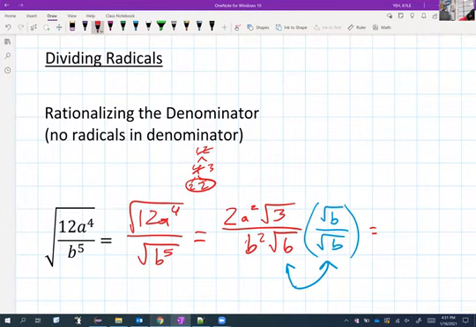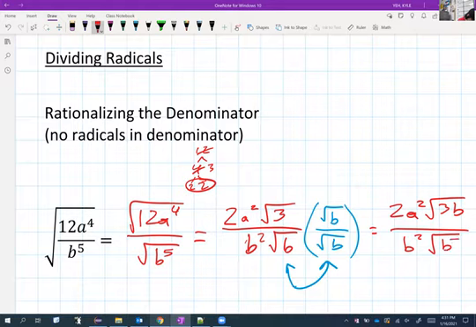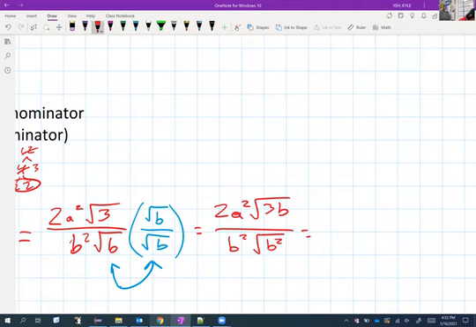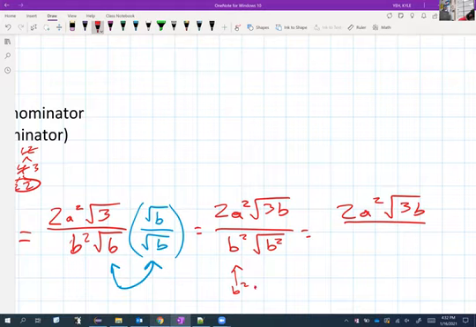So what do we get? We get 2a squared root 3b. I'm going to combine those things inside the radical, as we usually do when we're multiplying, over b squared root b squared, and I'll show every step. Just like I was saying, we combine them. And so really, what does this turn out to be? 2a squared root 3b over b squared times the square root of b squared, which is b.